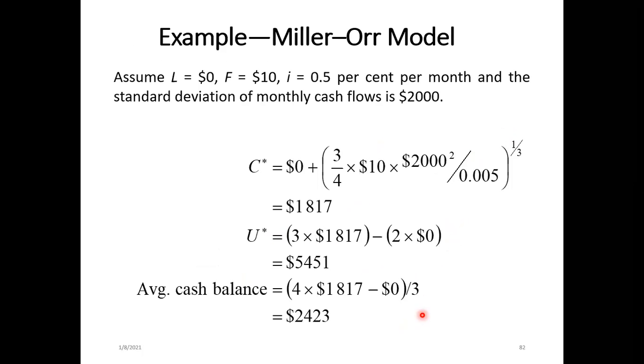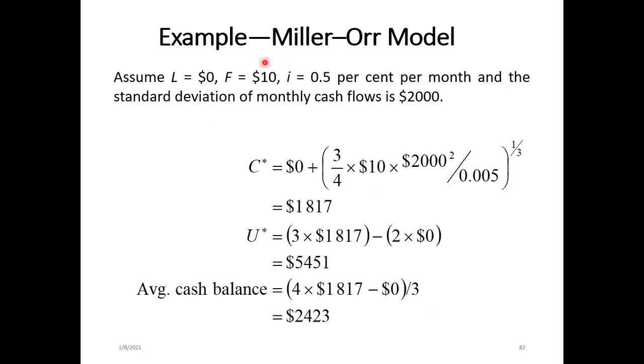And we will look at an example, right? Here assume that the lower limit is 0. The company policy is to have the lower limit of the cash amount equal to 0, and the transaction cost to convert the securities into cash, or when they buy securities, is 10 rupees.